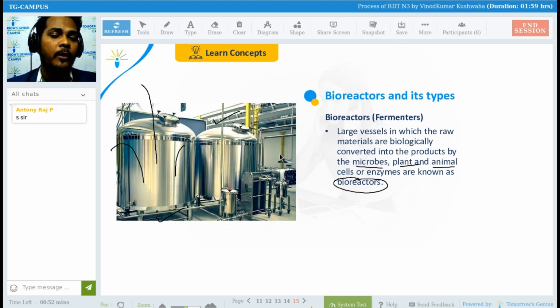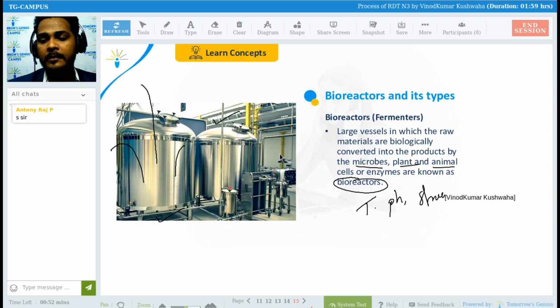So the bioreactor provides optimal conditions for obtaining the desired product by providing optimum growth conditions like temperature, pH, substrate.